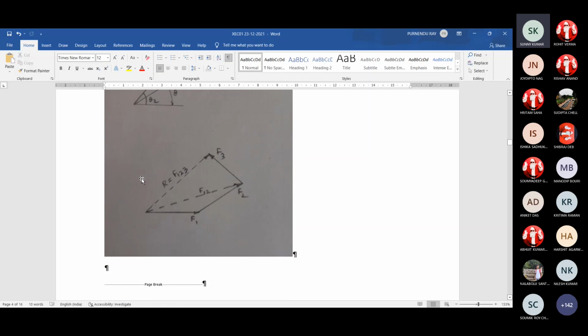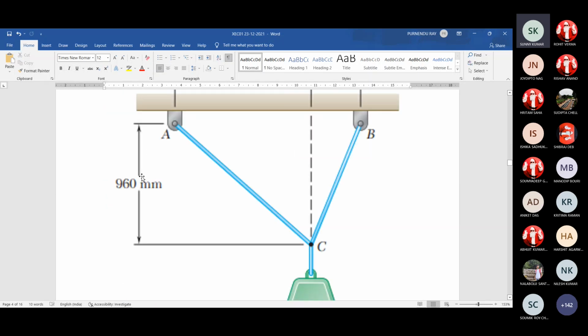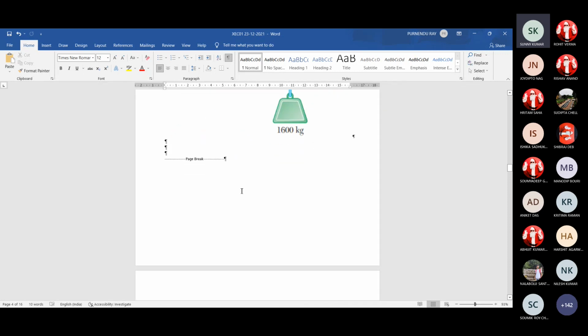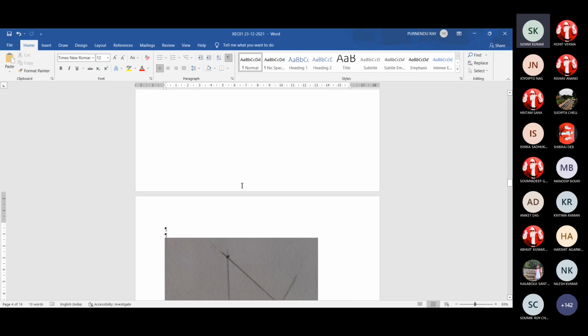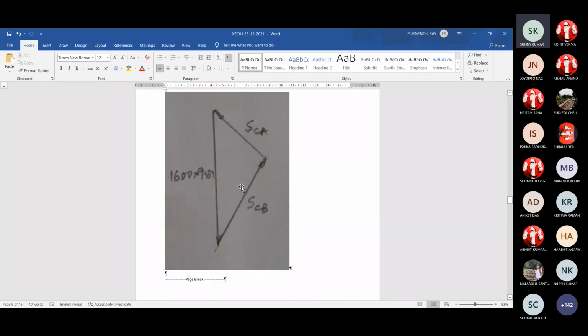So all these ideas you have to keep in your mind: basic geometry, the composition of the forces, the resolution of the forces, the resolution into components in two mutually perpendicular directions like x and y, u and v, or n and t, that is normal and tangential direction.